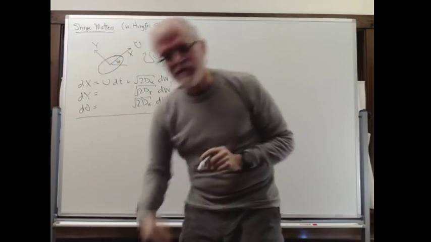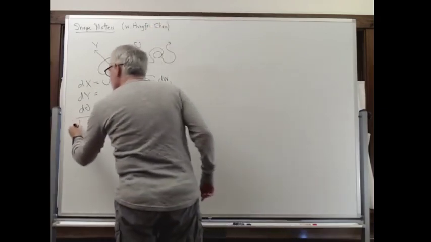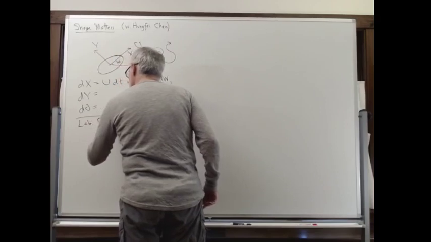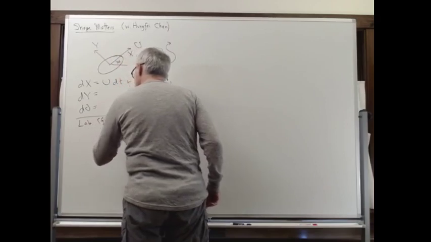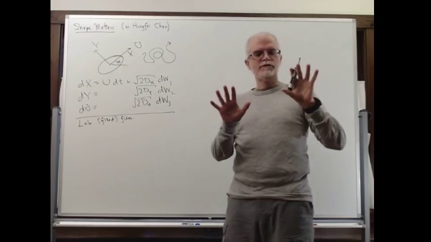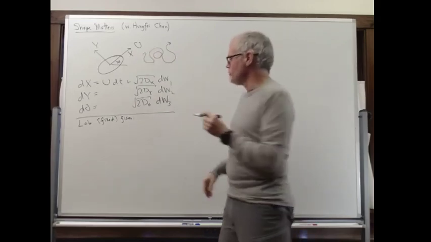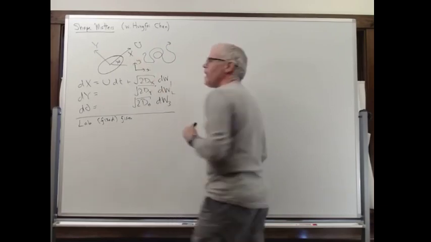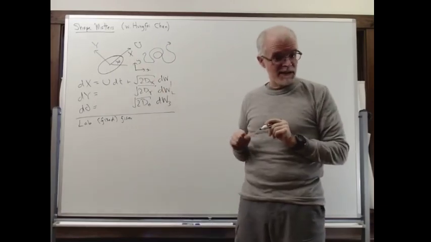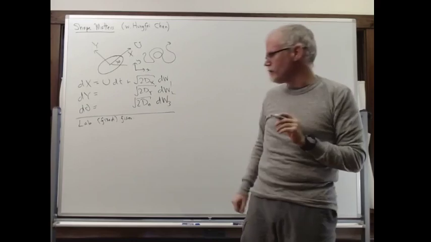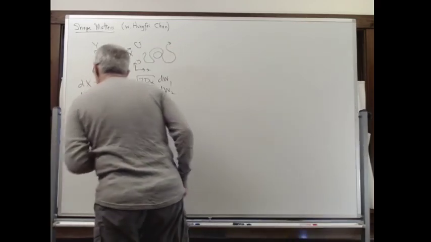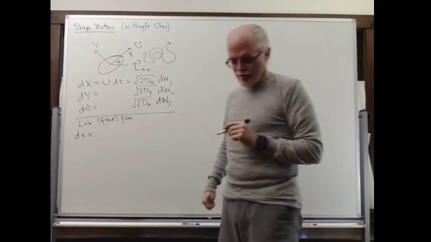So instead you rotate it to the so-called laboratory or fixed frame. In the fixed frame, I'm going to use axes little x and little y, which are fixed in space as opposed to rotating and moving with the swimmer, in which case the stochastic differential equation becomes three equations.